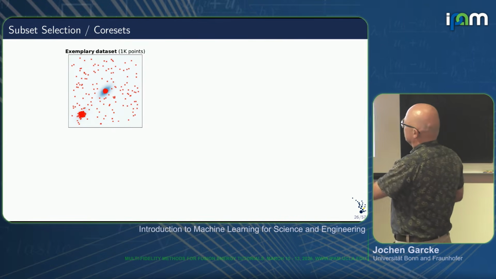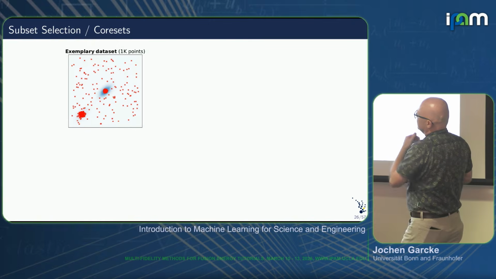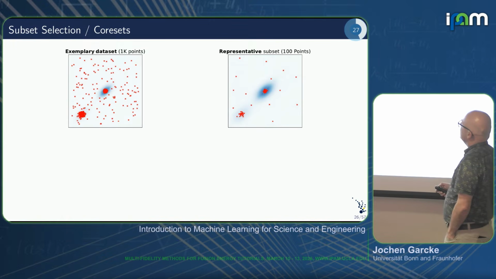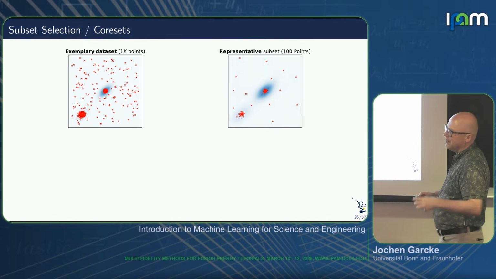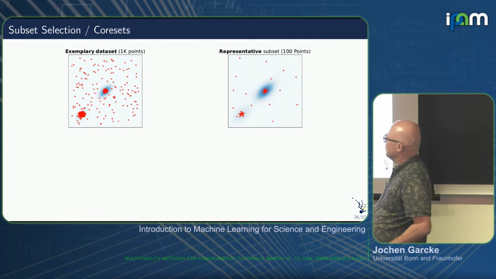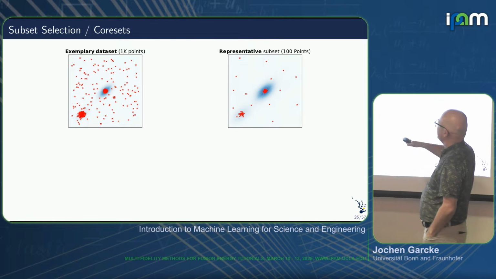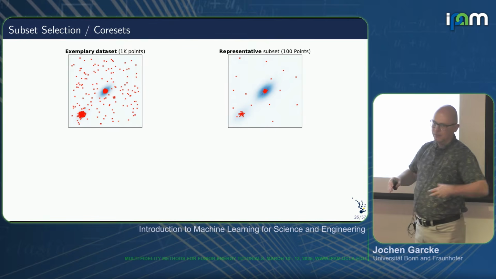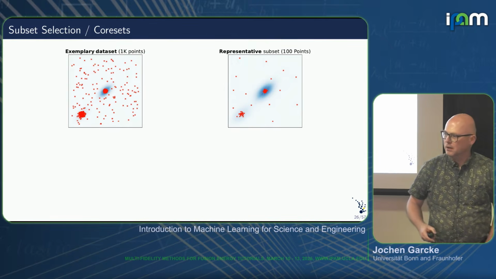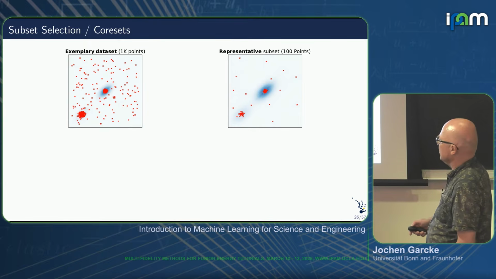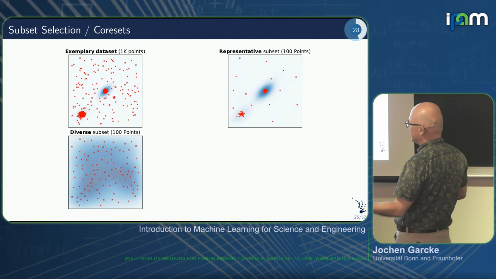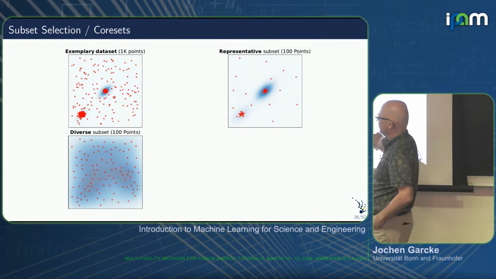So this is to illustrate a bit what one can think about there. The classical way, random sampling, would look like that. So we have these two dots where there are lots of data points. So these are much more strongly used. You can talk about diversity. So you have a diverse subset. So it's again 100 points.